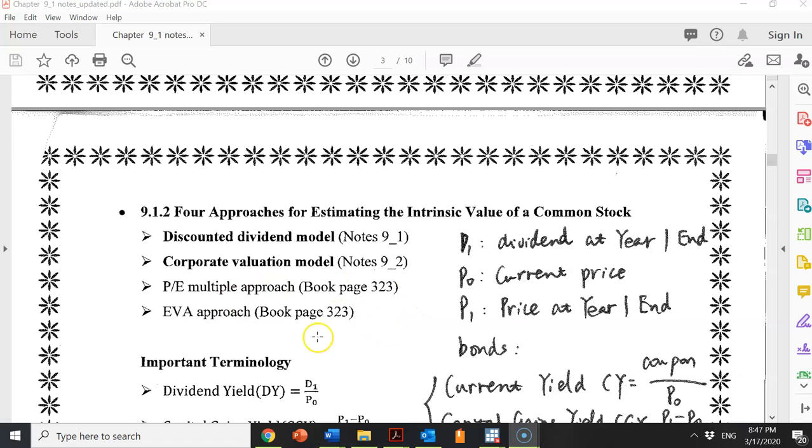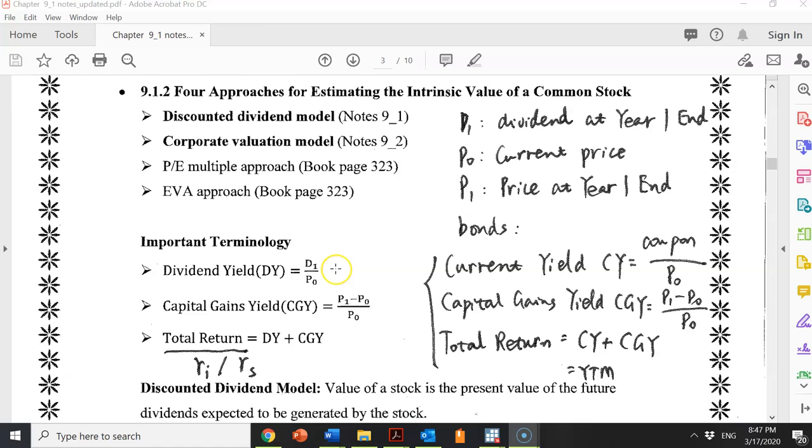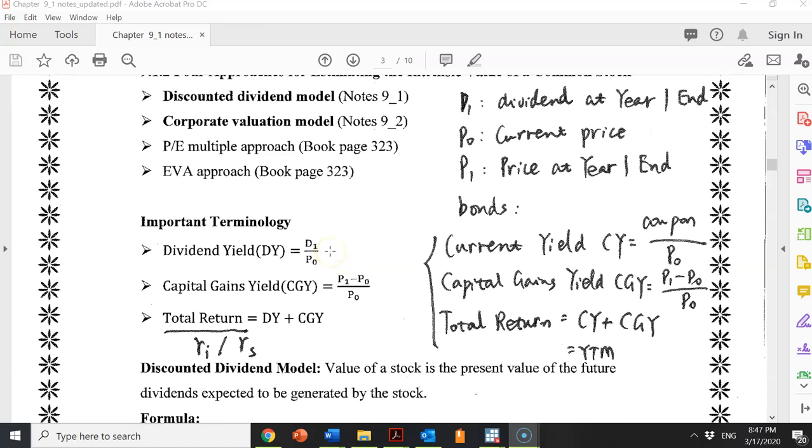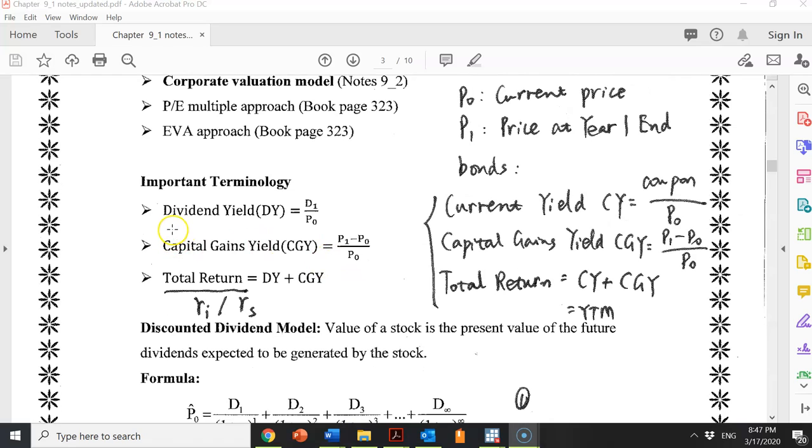Okay, you can read our book for the 3rd and the 4th methods here, but we're going to discuss the first 2 models in our chapter 9 notes here. Okay, and besides evaluating the stock price, we will also calculate the dividend yield for the stock, which is D1 over P0, and the capital gains yield of the stock, CGY, which is P1 minus P0 divided by P0.